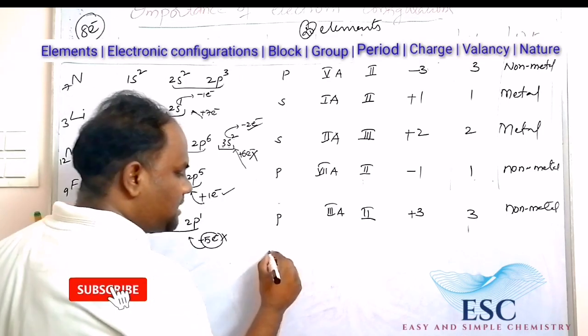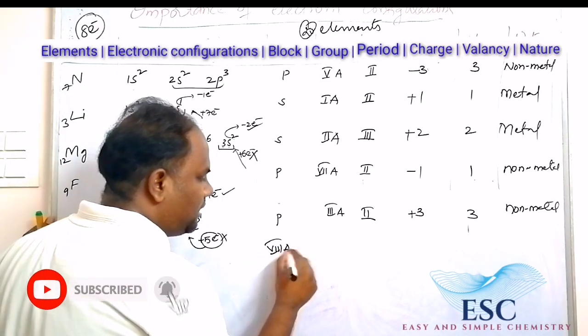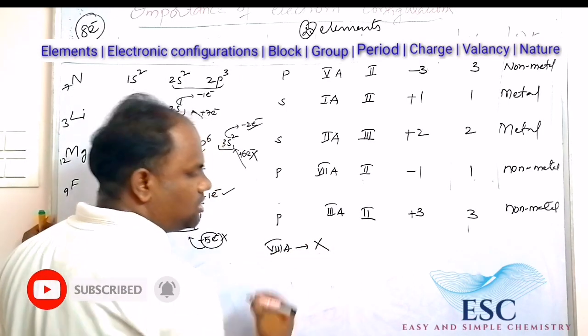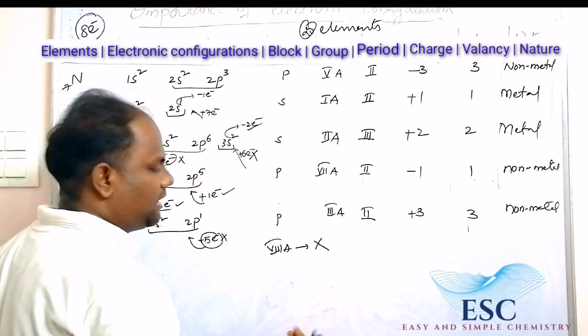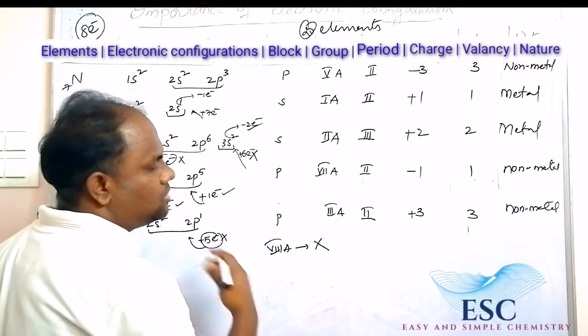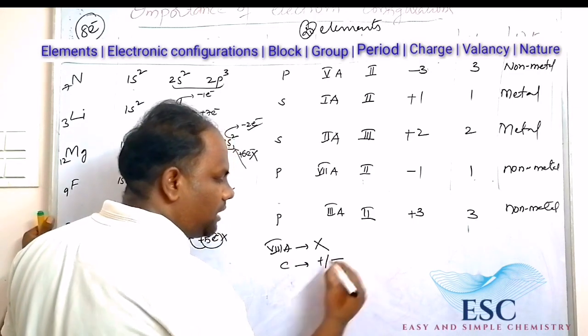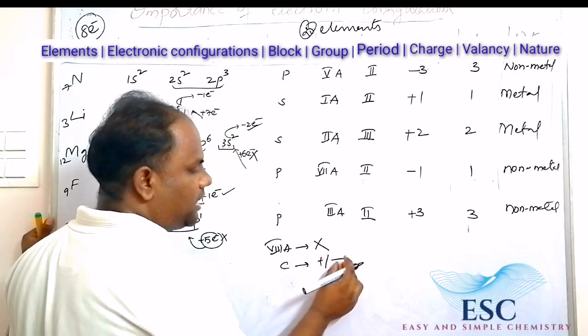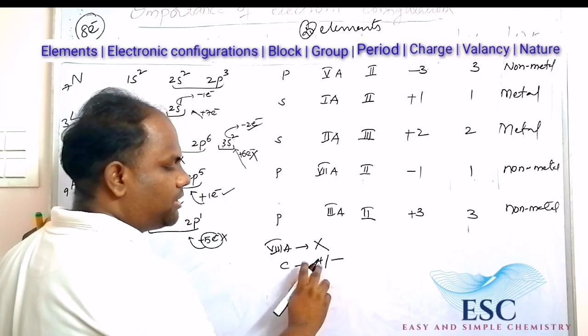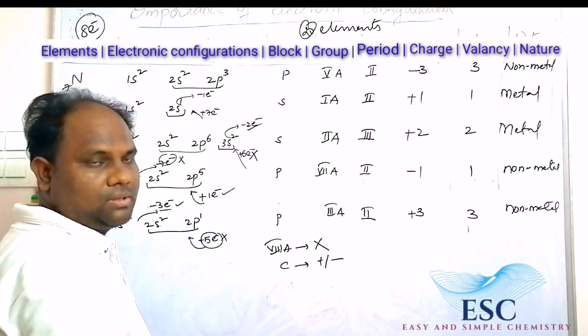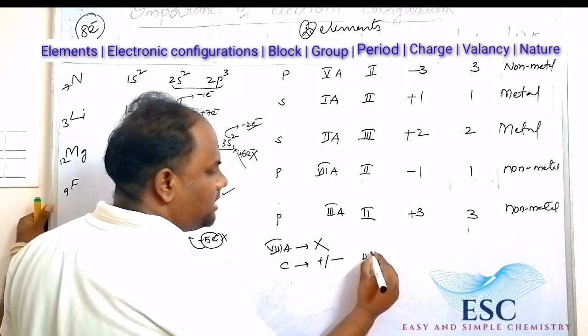Another exception is here. All the 8th A group elements cannot show charges. No need to write the properties. Okay, no need to write this chart. Okay, carbon. Carbon can show positive and can show negative charge. We can't explain the nature by using these charges. Okay. Then another example is hydrogen.